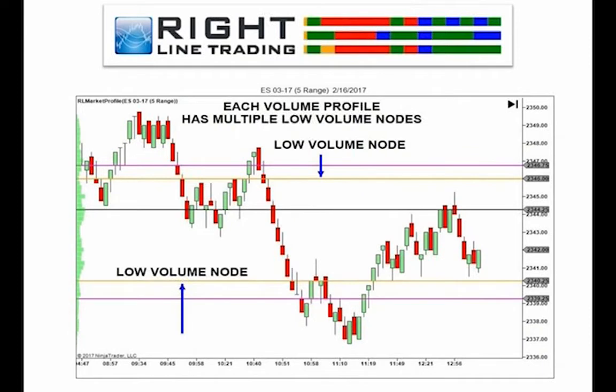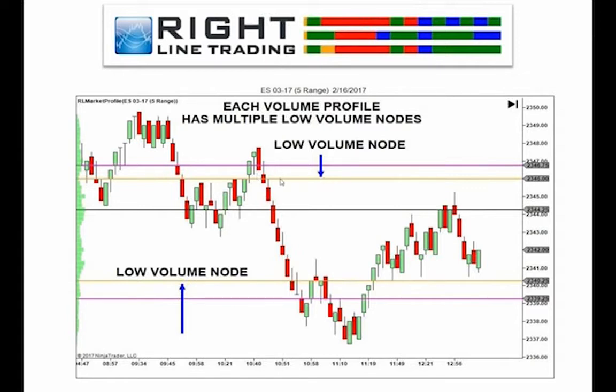Now, in addition to the VAH, VAL, and POC, there are two other critical areas that must be operational to really optimize your ability to trade. Now, there are multiple low volume nodes on a volume profile, but there are only two critical low volume nodes.